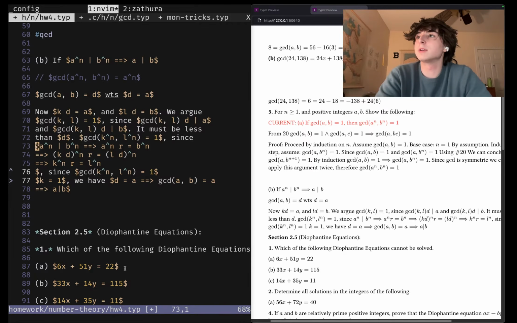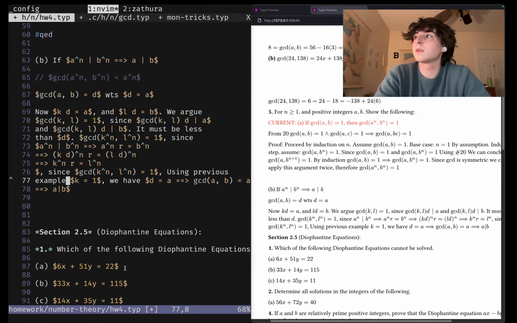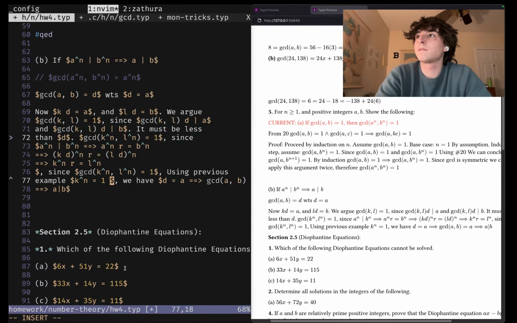Yes, because that's where we use the previous exercise to conclude that. And from there we can say k to the n is equal to 1, and from that k is plus or minus 1, and because our things are assumed to be positive, we may actually say k is equal to 1.